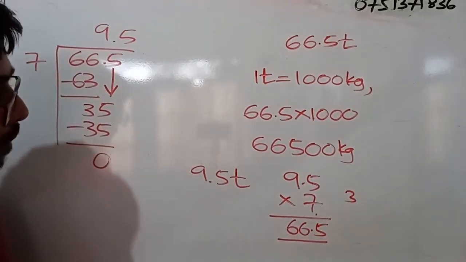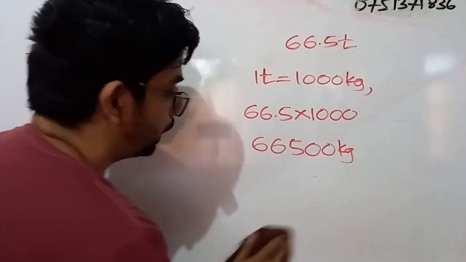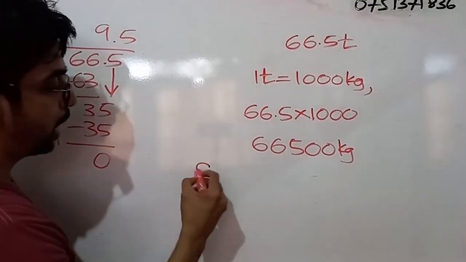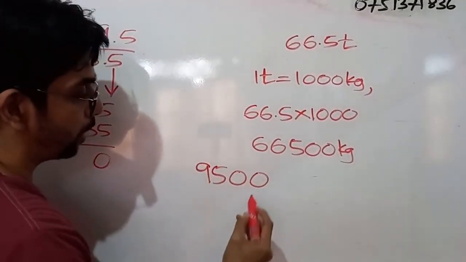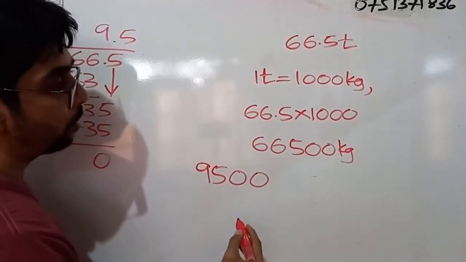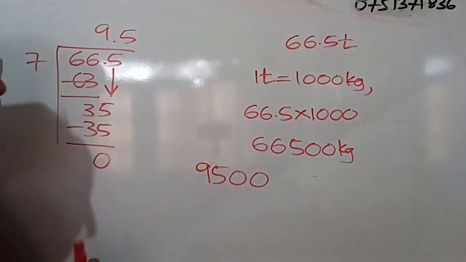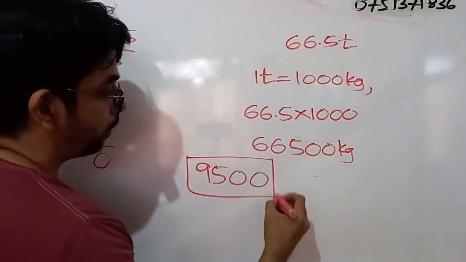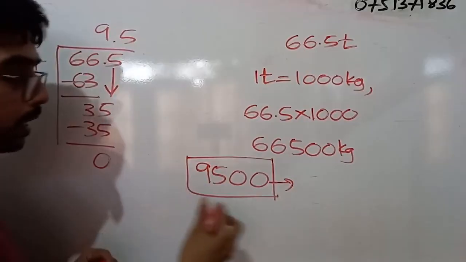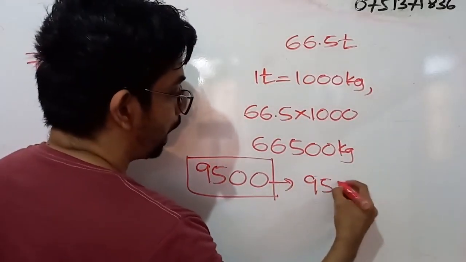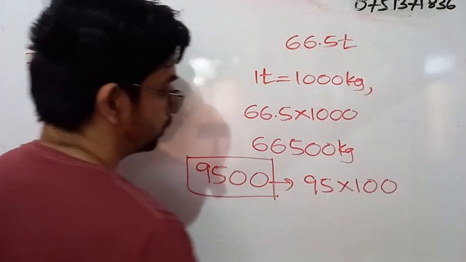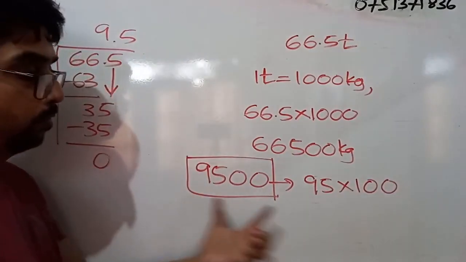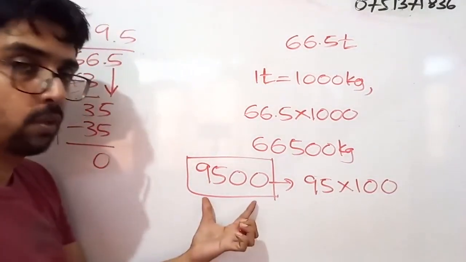If we take 9,500 kilograms, the answer is the same. 9,500, so these are kilograms. We have to multiply that by 7, right? So I can rewrite this as a shortcut. 95, I will multiply that by 100. Same thing, no? When we multiply these two, we get 9,500.